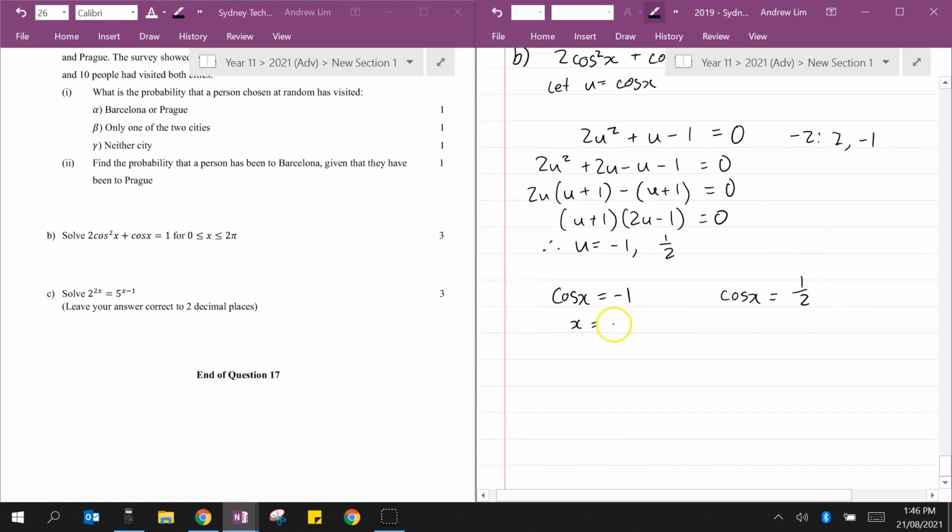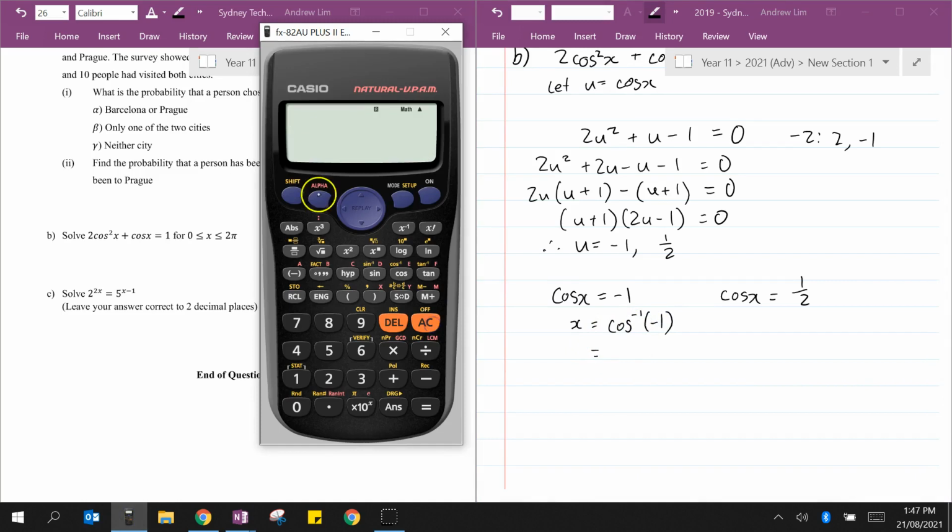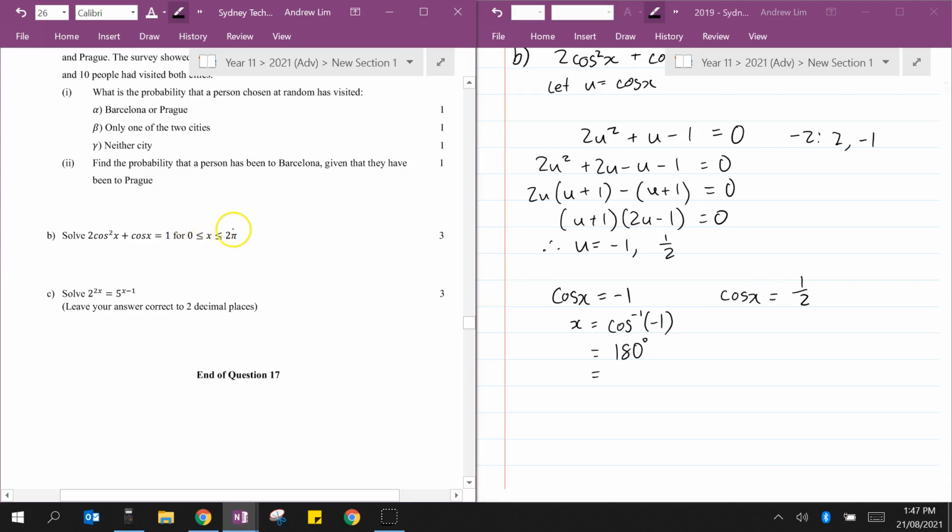So therefore x has to equal the inverse cosine of negative 1. Let me put this back into degree mode. Inverse cosine of negative 1 is 180 degrees, which I know because the domain here is in radians, that's just pi radians.